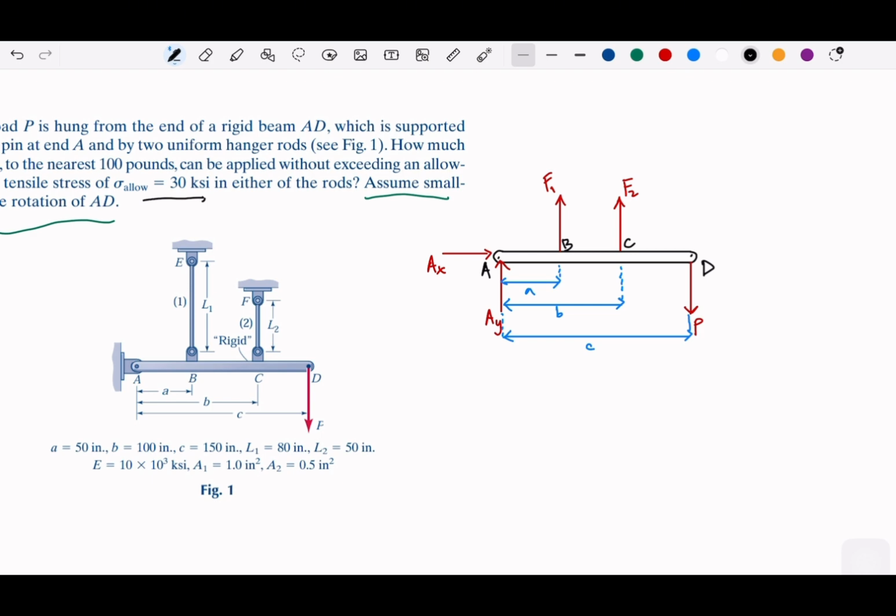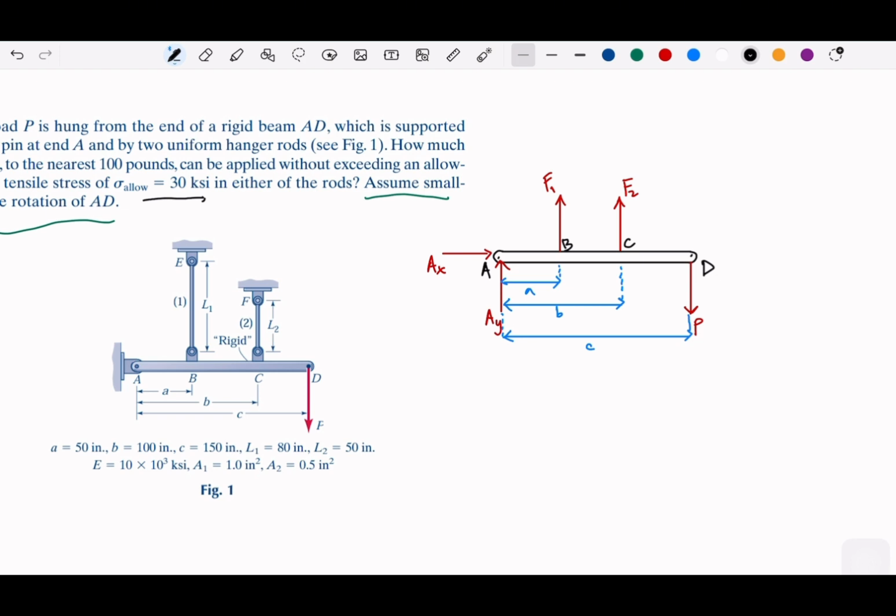Okay, so we could see, as you have probably been familiar with, we could take the equilibrium starting with the sigma F or sigma M, and I think you better start with sigma M because you could get everything.